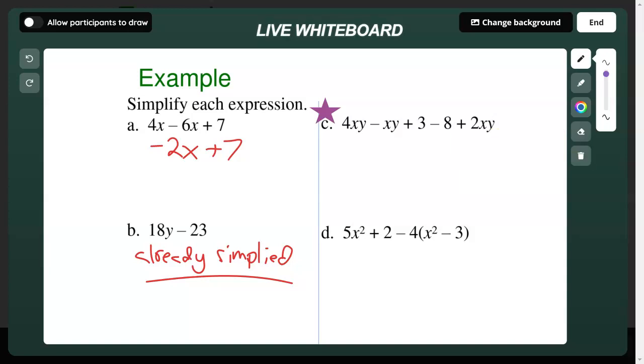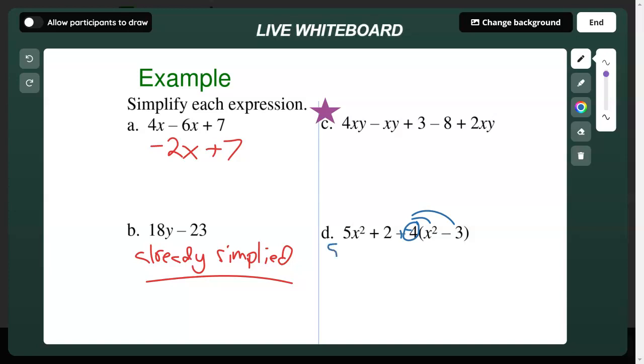So, what property can I use to simplify D? Distributive. Okay, let's start with distributive. What am I going to distribute? 4 to x squared. Let's be a little bit more zealous and let's go ahead and do negative 4. Let's change that to plus negative 4 so I can distribute that negative 4. Otherwise I'm going to have to deal with the negative that just kind of hangs out there.